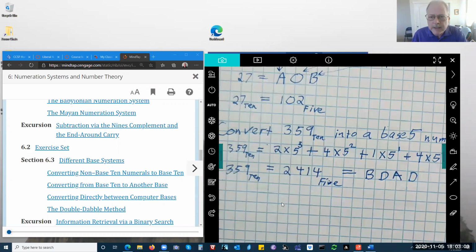So let's see, maybe we can do one that goes the other way. It's easy enough. Let's see, we'll make up a base 5 number.